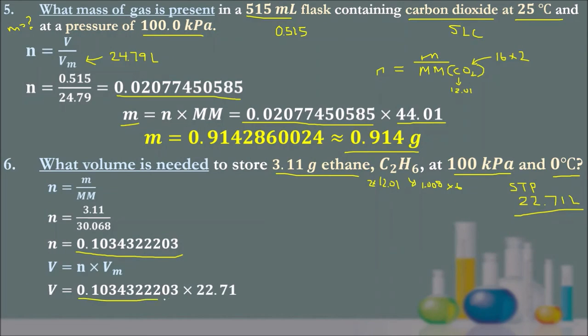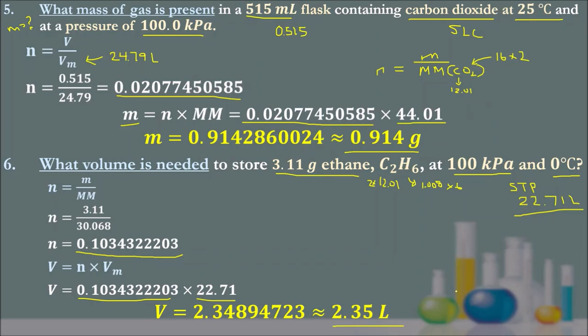Our number of moles times the molar volume, and this is what we get. Again, round it off to 3 sig figs because we don't take into account temperature. So 2.35 liters. And that's essentially how you do these calculations from mass to volume to mass.